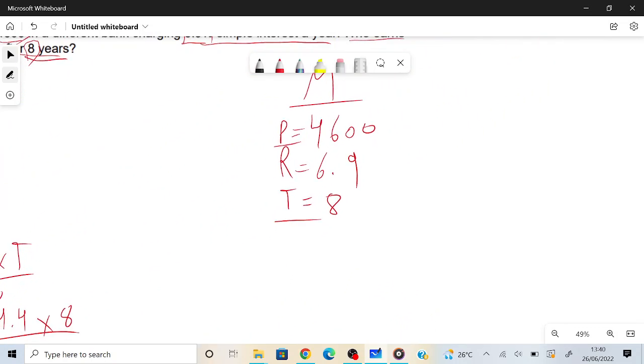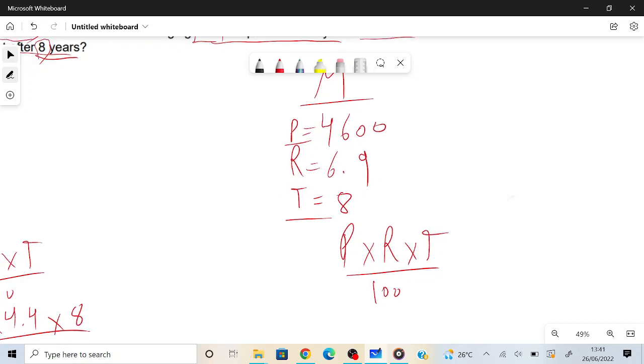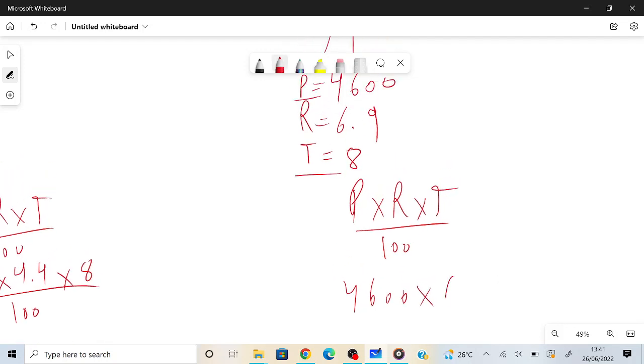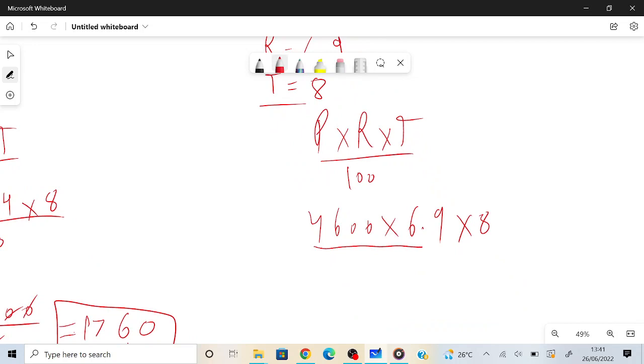Again, same formula. P times R times T over 100. Putting your values in, your P is 4600 on this occasion, so 4600 times your R, which is 6.9, times the amount of years, which is 8, all over 100.